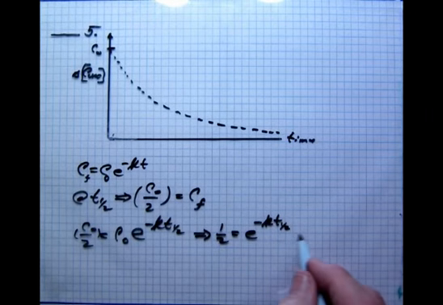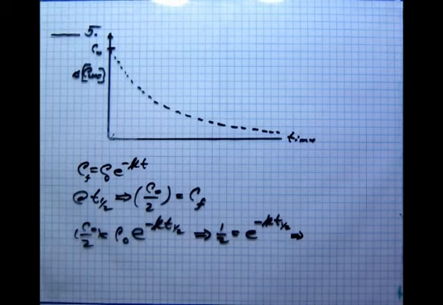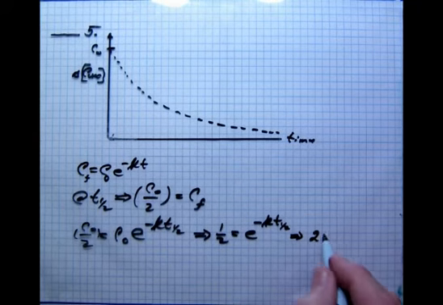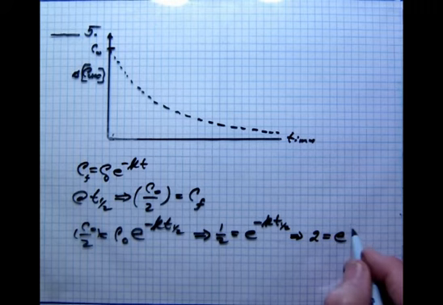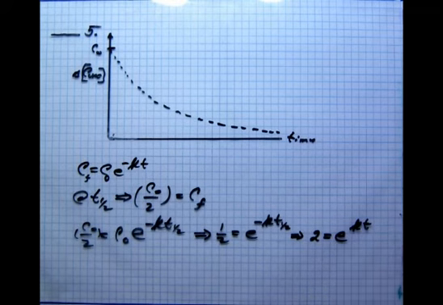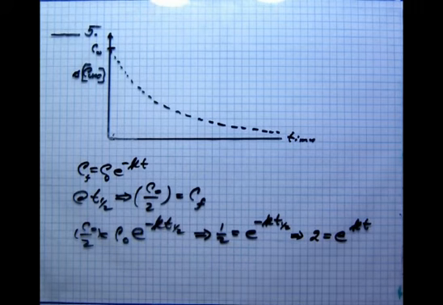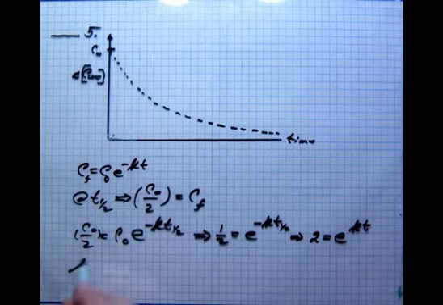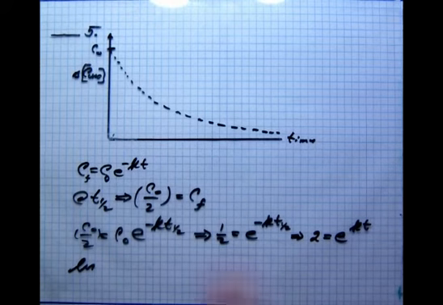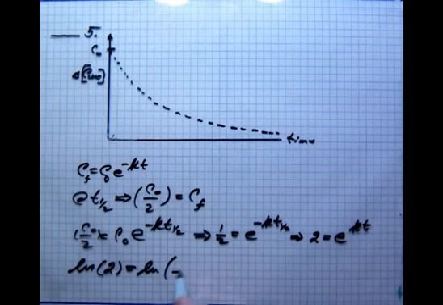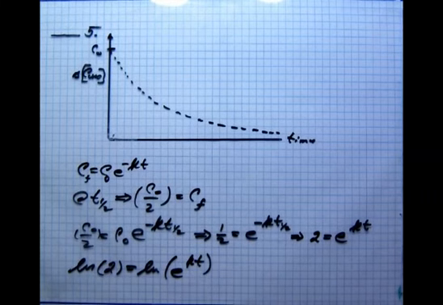Now, I can take the reciprocal of both sides. You can do anything to an equation, math equation, but you got to do it to both sides. So I'm going to take the reciprocal of both sides, and I wind up with 2 equals e to the KT, like that. Now, I want to get rid of the e function. In order to get rid of an e function, you take the natural log, because that's the base of natural logs. So ln of 2 is equal to ln of e to the KT, like that.